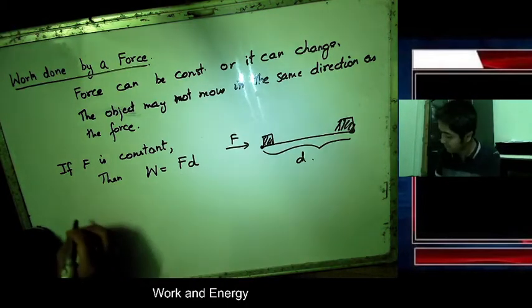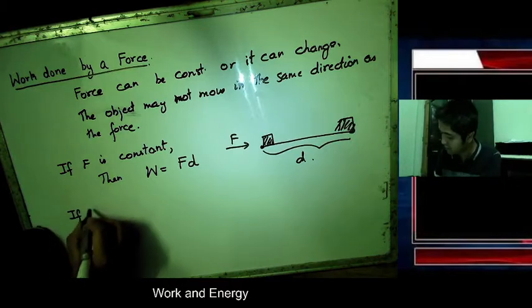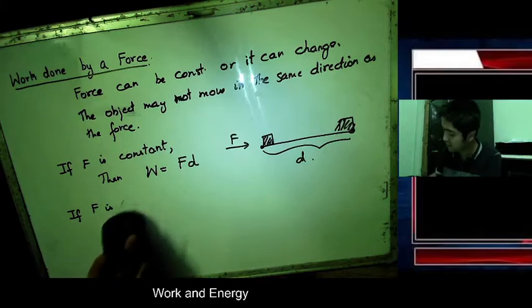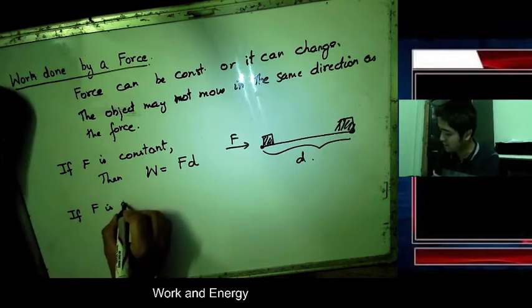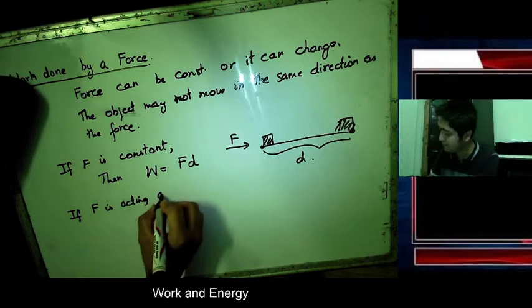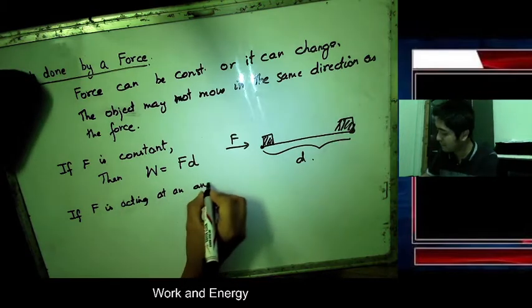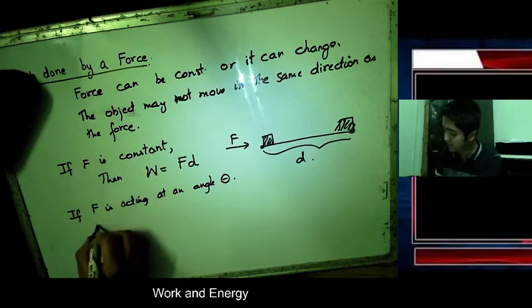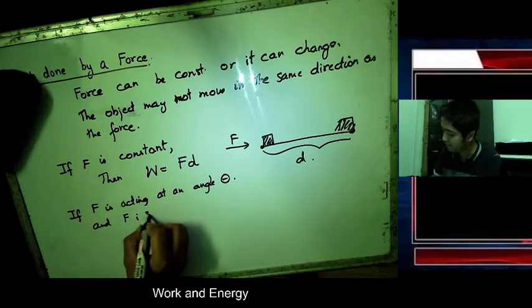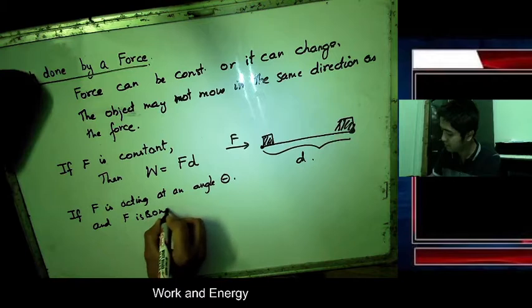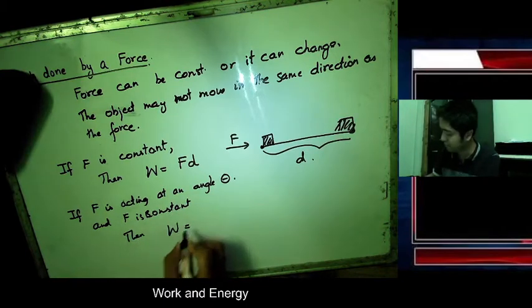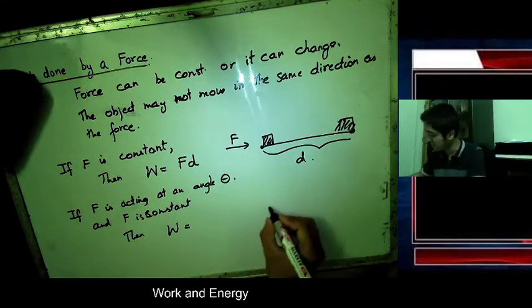But if F is in another direction, acting at an angle theta, and still constant, then how much will W be? So what is happening over here?